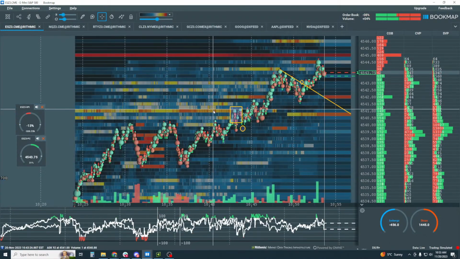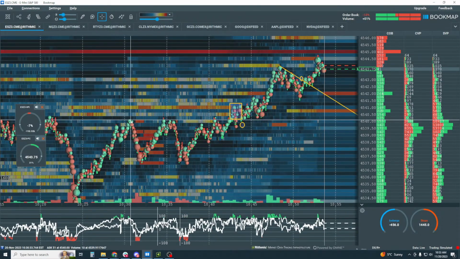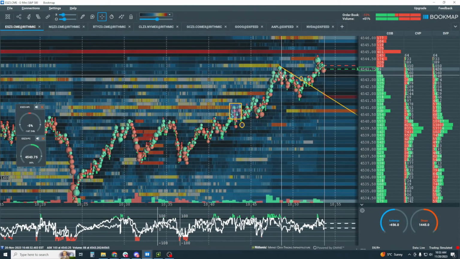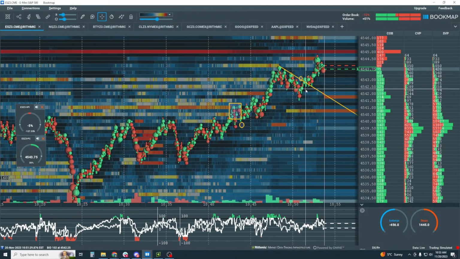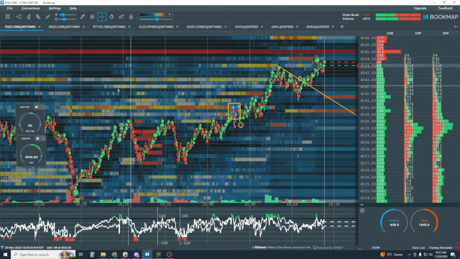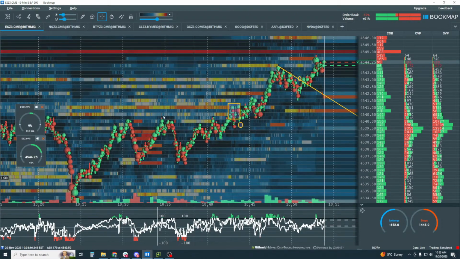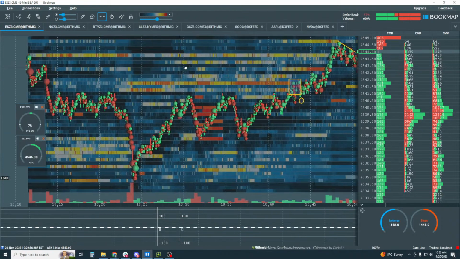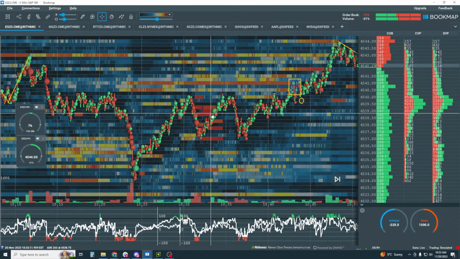So kind of tricky there from sideways action to breakout. I have found that back testing this in the sideways action here, this tool is excellent. These tools together are excellent.